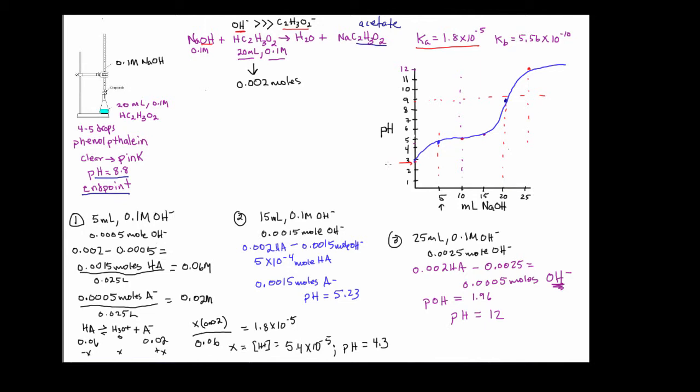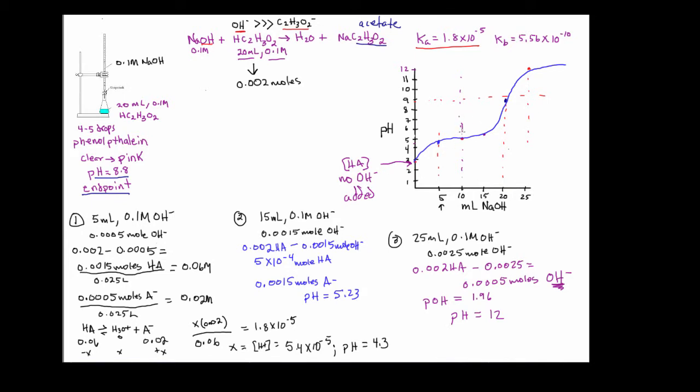I'm going to move this 2.87 out of here. All right, and instead I'm going to put into words the situations here. So this point right here, all right, is concentration HA via pH with no hydroxide added. No hydroxide added.